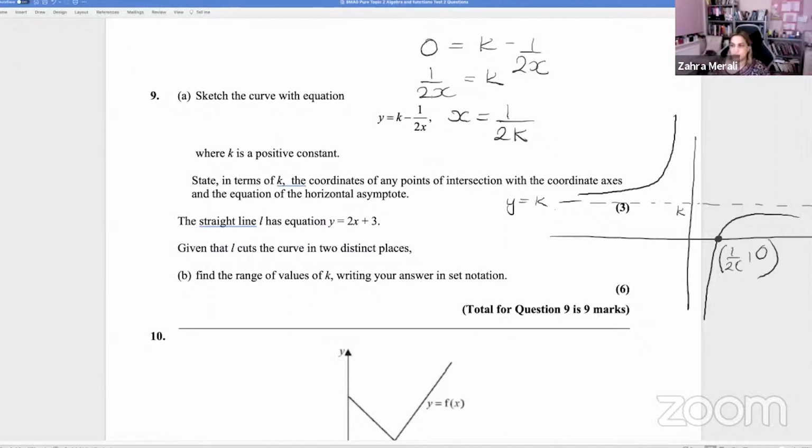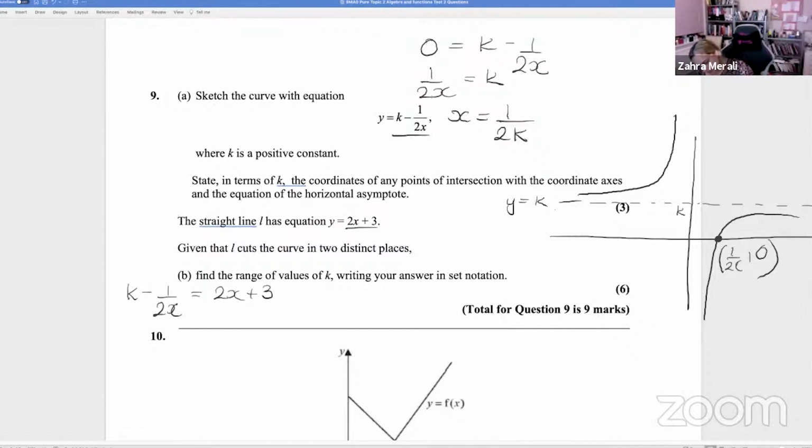And then we're told we've got a range of values of k, and it cuts the graph in 2 places. So essentially, we're going to make these equal to each other. That's going to be equal to that, and we're going to solve it. So we've got k minus 1 over 2x equals 2x plus 3.